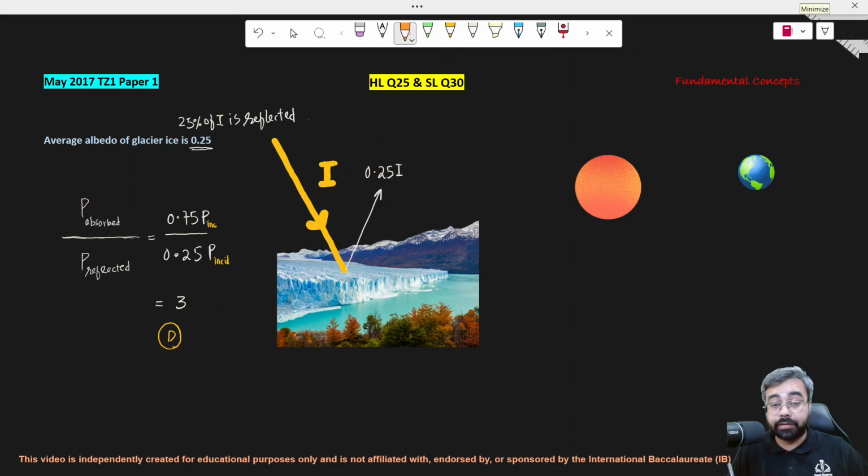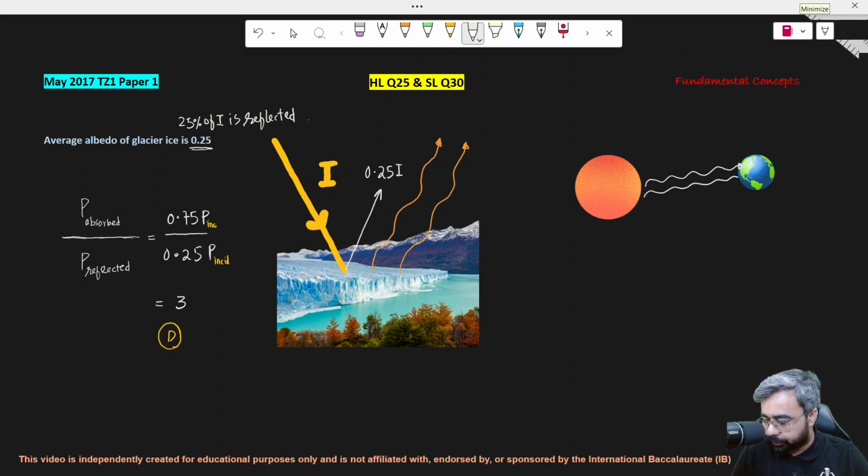If 25% is reflected, then what happens with the rest of that? The rest is radiated majorly in the form of infrared, and all of that would be radiated if we consider it a black body radiation, but it is of course not. So some part of the absorbed power is radiated. Now when the sun radiates a lot of energy, this energy comes directly on the surface of earth.